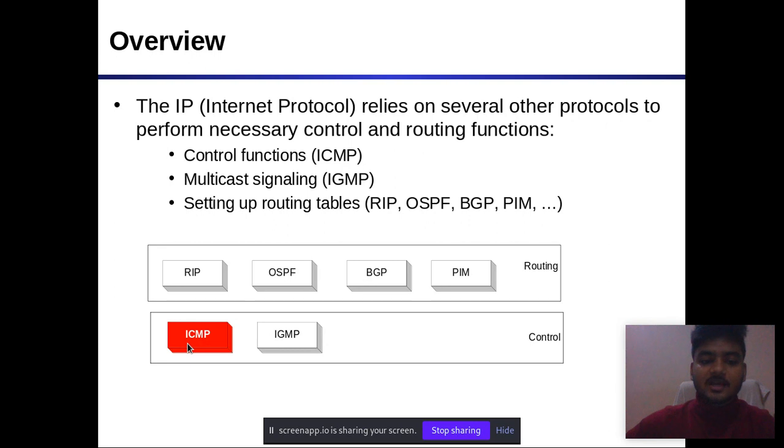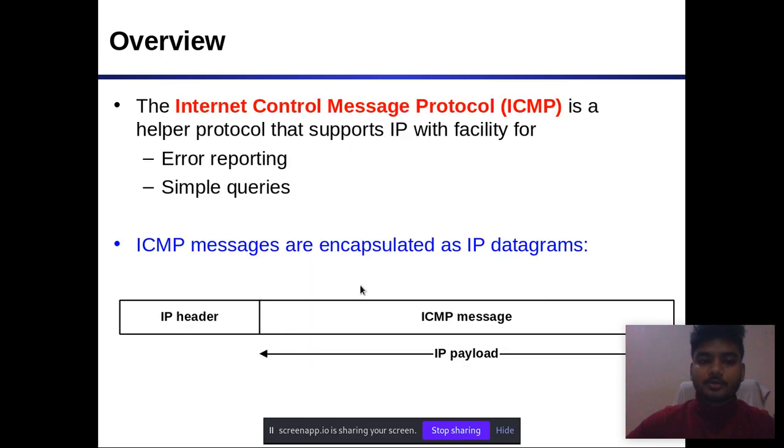ICMP is the control function, multicasting signaling is IGMP, and setting up the routing table is done by RIP, OSPF, BGP, and PIM. So Internet Control Message Protocol is a helper protocol that supports IP with facilities for error reporting and simple queries.